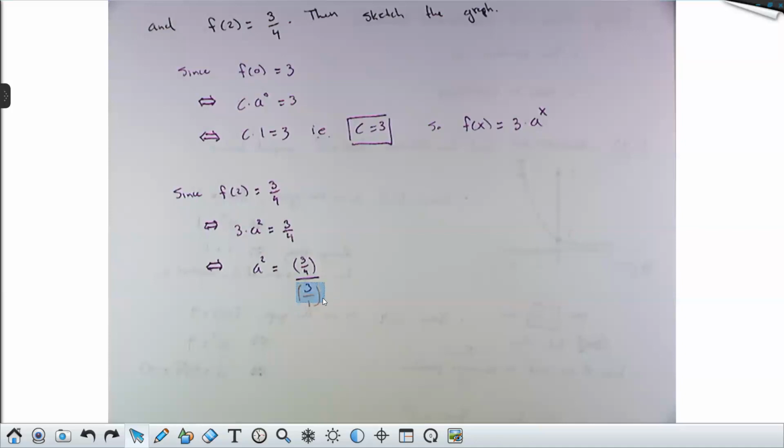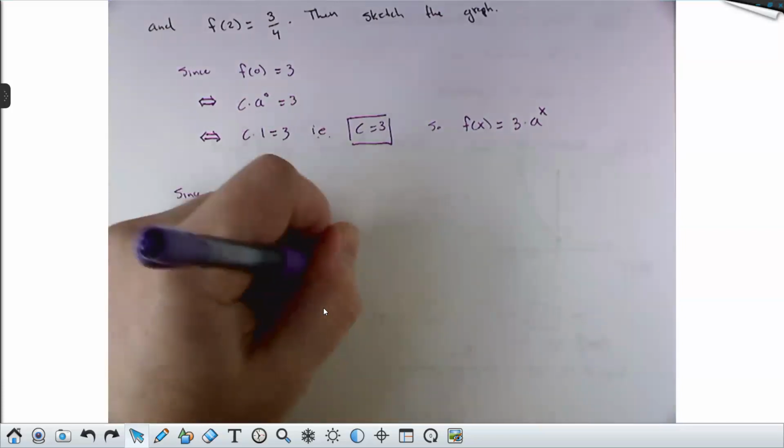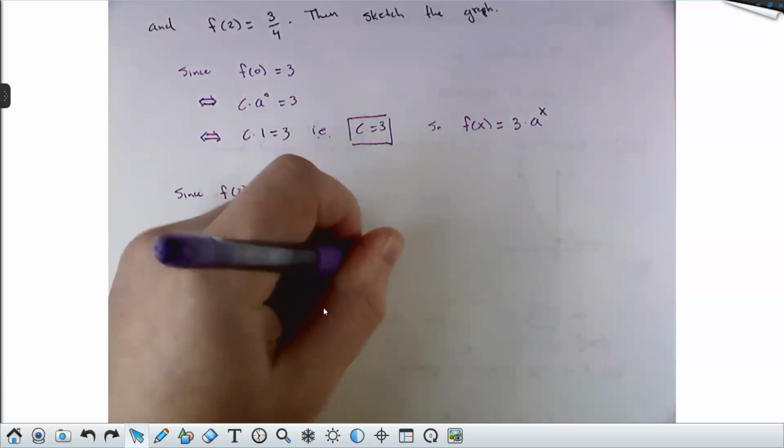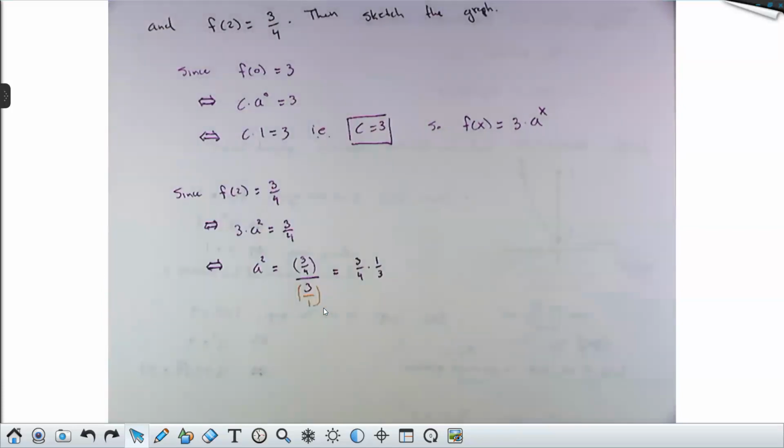Since the little thing downstairs is just a 3, I must think of that as 3/1. And then I realize, oh, okay, I take the reciprocal of this, right? Leave the top alone, multiply by the reciprocal of the bottom. So that's got to be 3/4 times 1/3. And what is that?